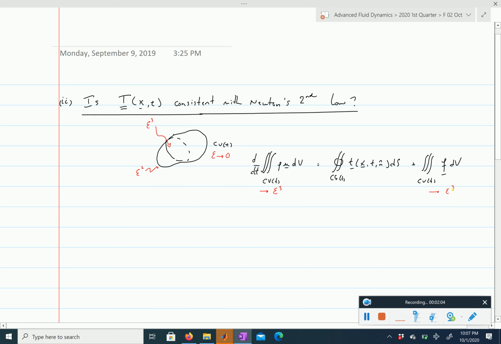Same for this here, and only the surface integral will scale with epsilon squared. And when epsilon goes to 0, these terms are going to go to 0 much faster.